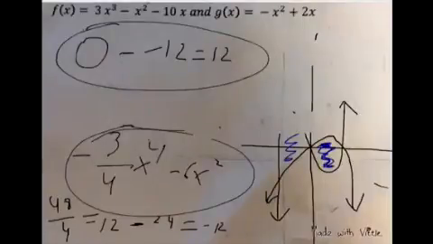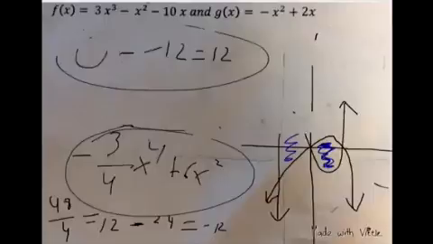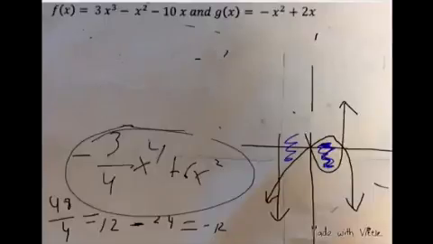Then for your next integral, which was negative 3 over 4 x to the fourth plus 6x squared, you're going to start from 2 to 0.